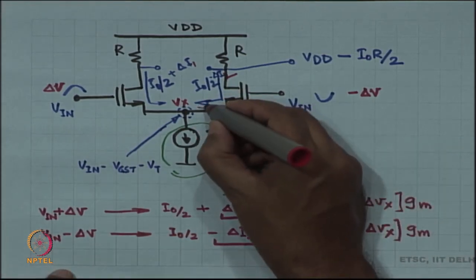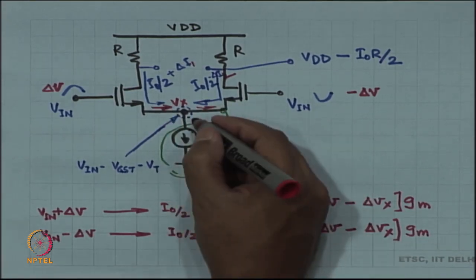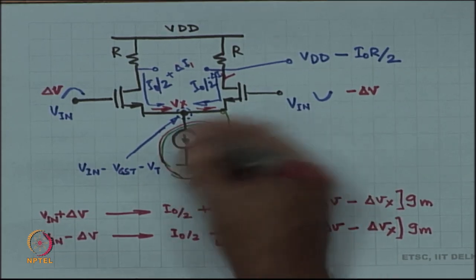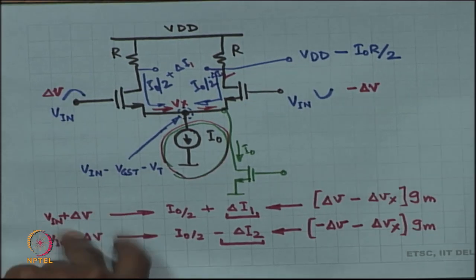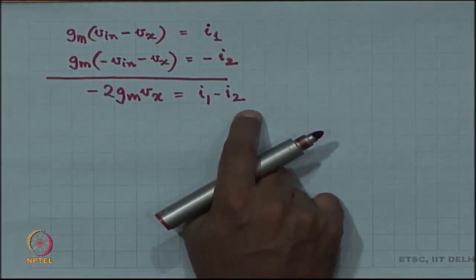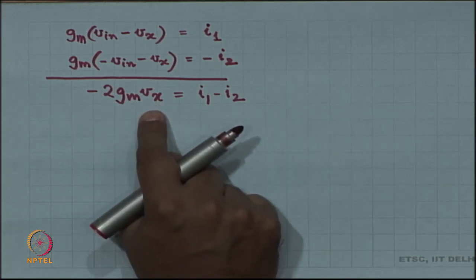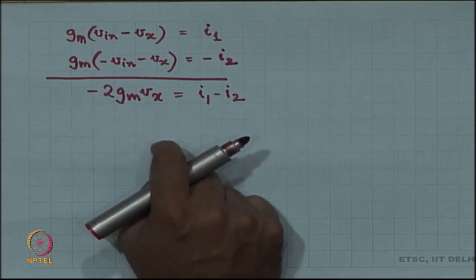I2 is the incremental current in this direction, I1 is the incremental current in this direction. Because this happens to be a current source, I1 minus I2 is absolutely 0. If it is not a current source, then we had a problem, but if it is a current source, then I1 minus I2 is 0, in which case Vx is 0.